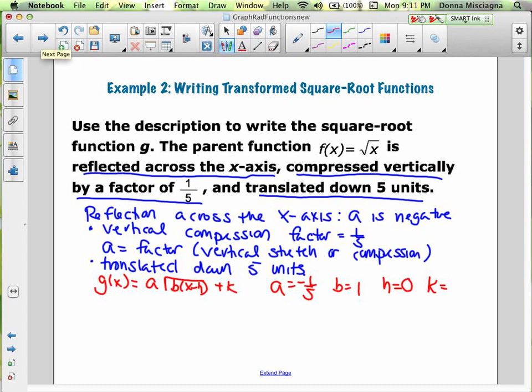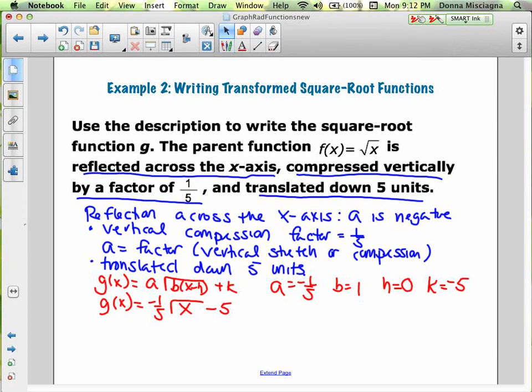And we're translated down 5, so k is going to be negative 5. So now we can just plug in the values. So g of x is equal to negative 1/5 times the square root of x, no reason to put the 1 there, and you don't need the parentheses because you've just got x under the radical, and then you have a minus 5. And make sure the minus 5 is not under the radical.